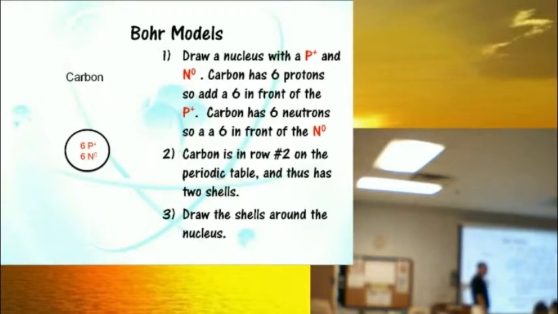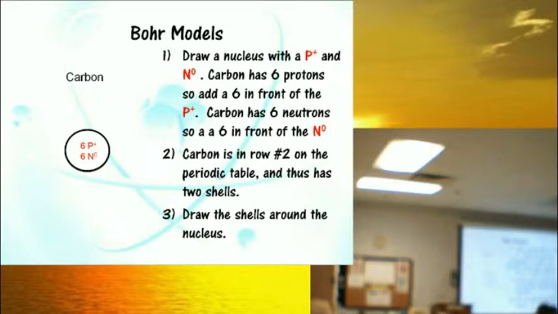Inside your little nucleus, put p plus and n 0. Now, because this is carbon, how many? In that little circle right there, yes. It's the little gray circle on your page, right there. And when you're doing a Bohr model, if the nucleus is given to you, you just have to draw a little circle. Okay?